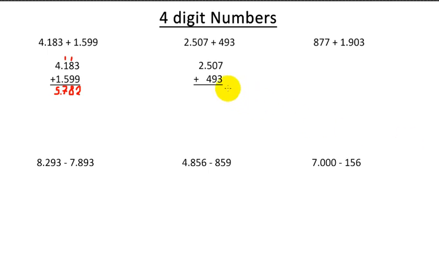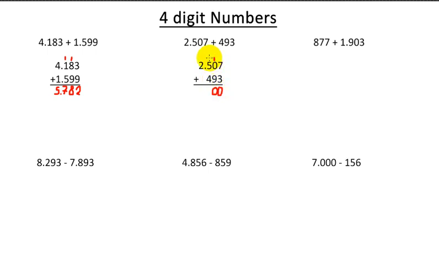So let's start. I say 7 and 3. 7 and 3 makes 10. So I write 0. Carry 1. 0 and 9 makes 9, and 1 that I carried over makes 10. I write 0.